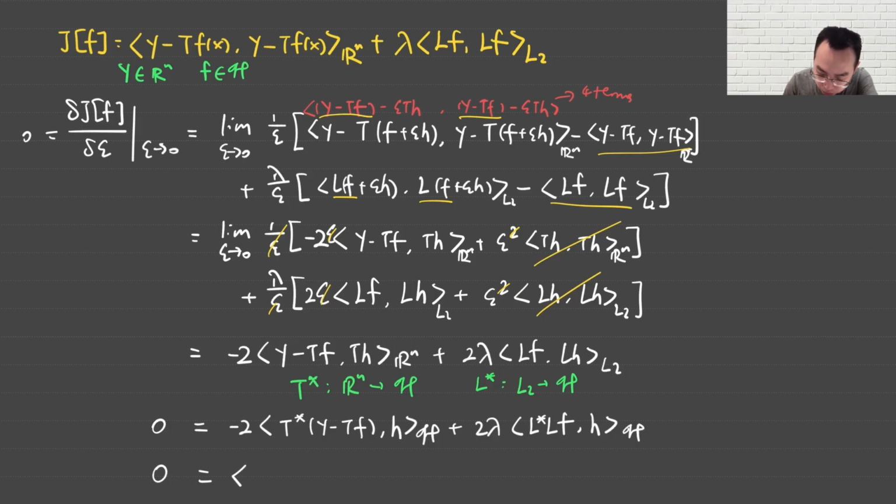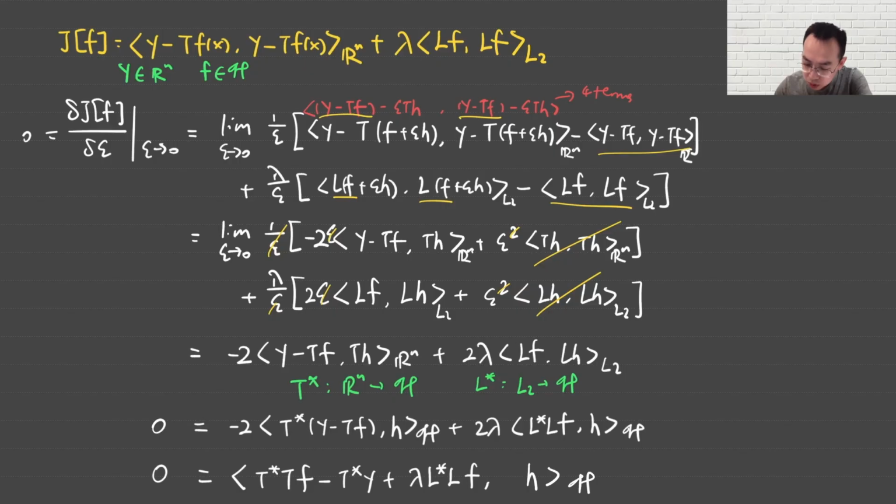Then we'll have (T star T f minus T star y plus lambda L star L f) inner product with h in the space H, right?